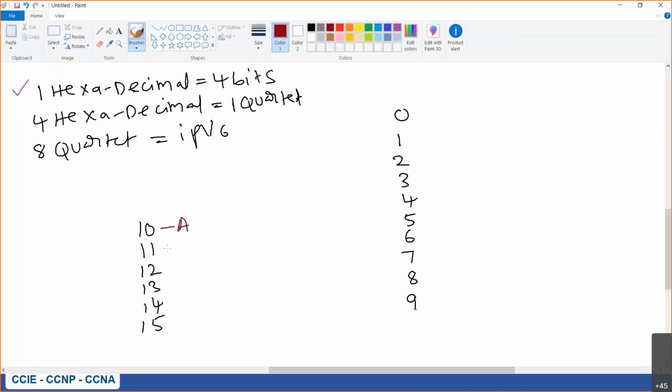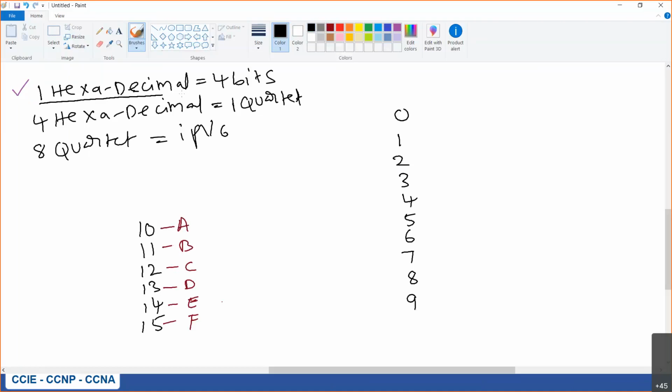What? A, B, C, D, E, and F. Right, these are the hexadecimal numbers, right guys?